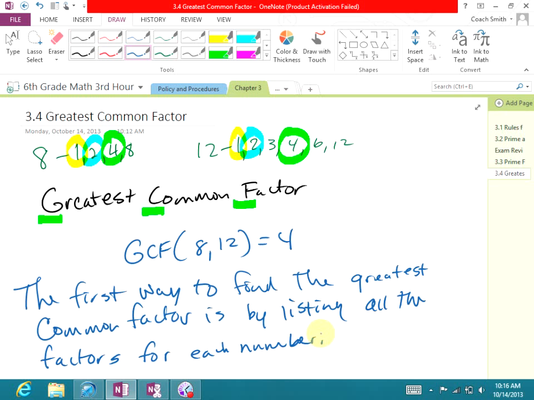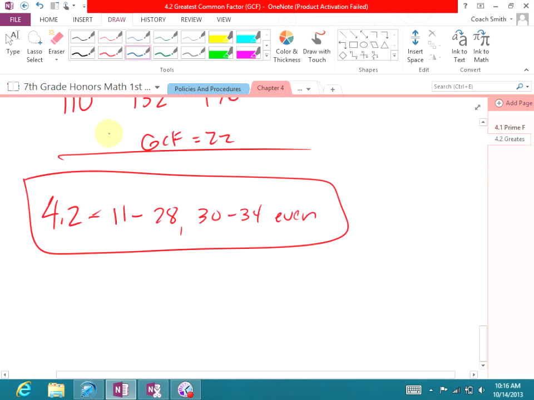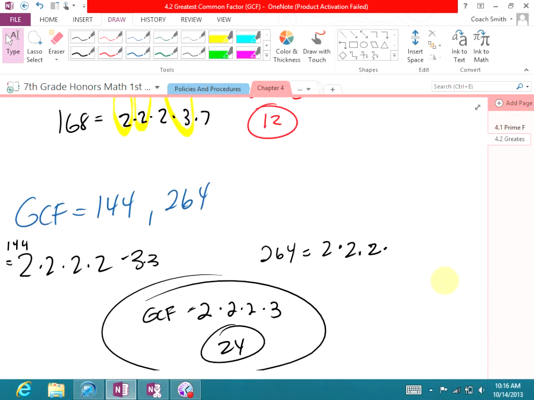Now, that's fairly simplistic when you've got small numbers. The problem you have is this. I'll go back to first hour this morning. First hour, we did the greatest common factor. There's two of our numbers, 144 and 264.